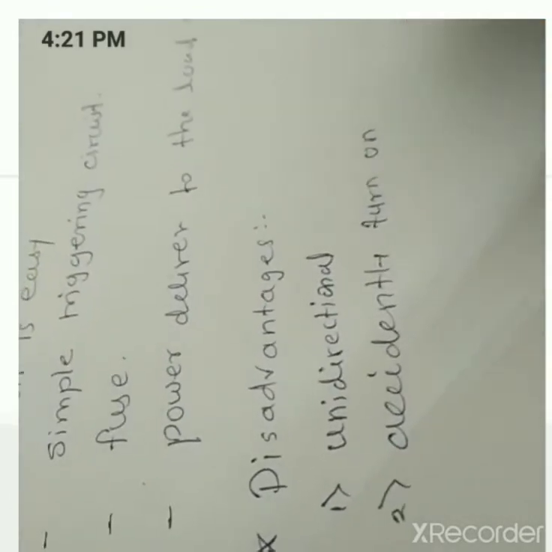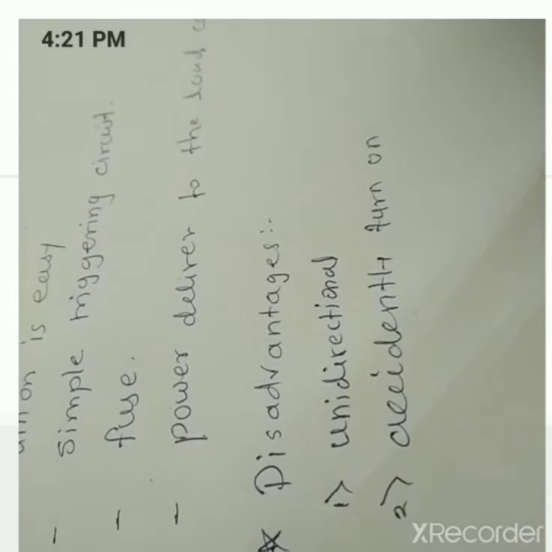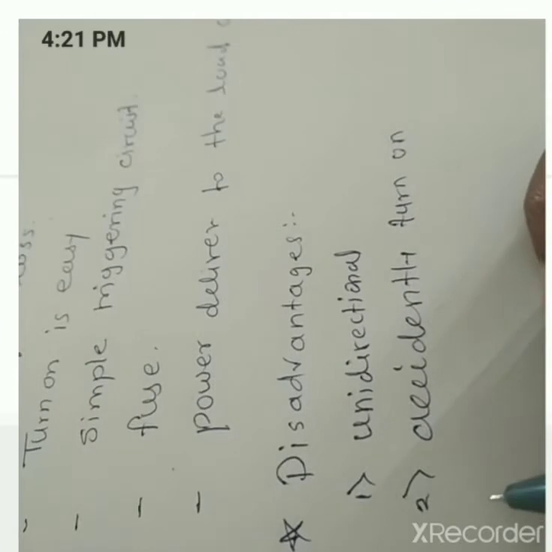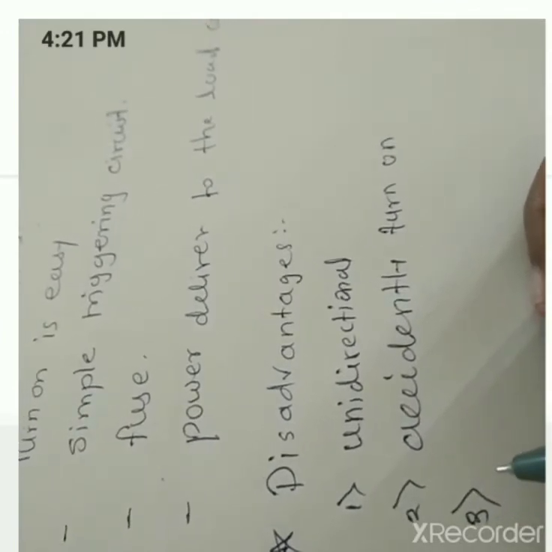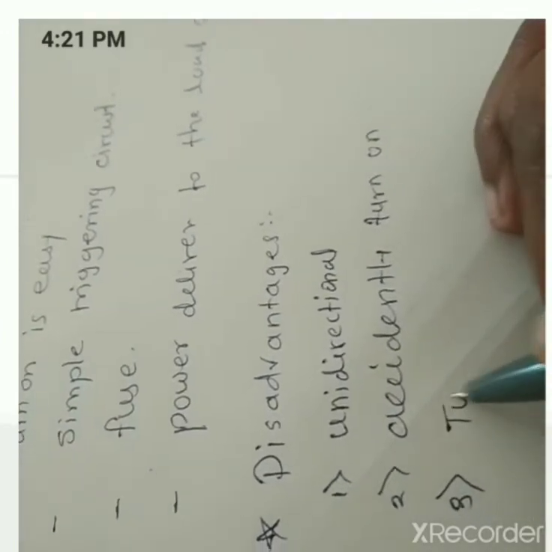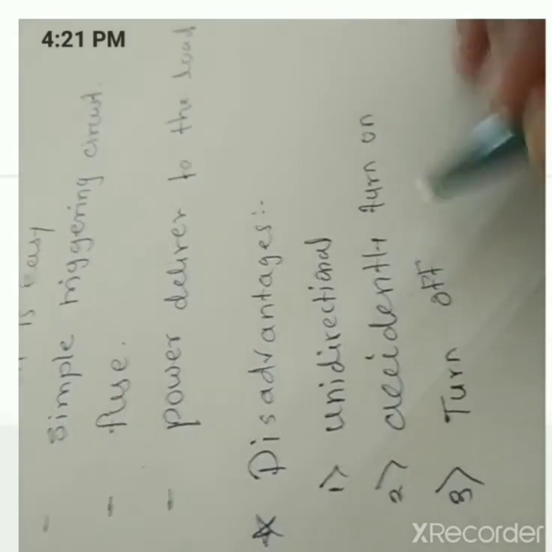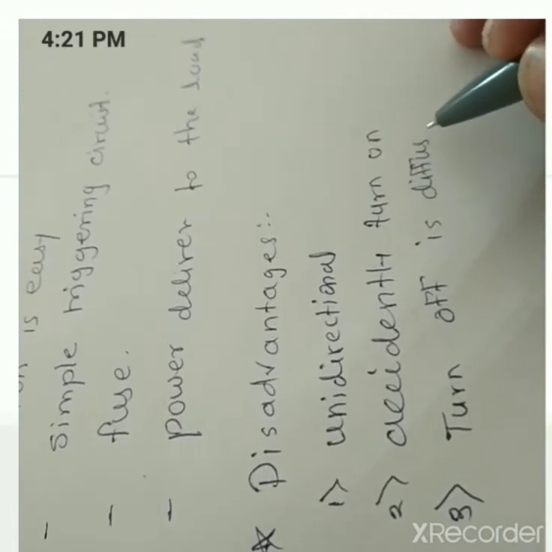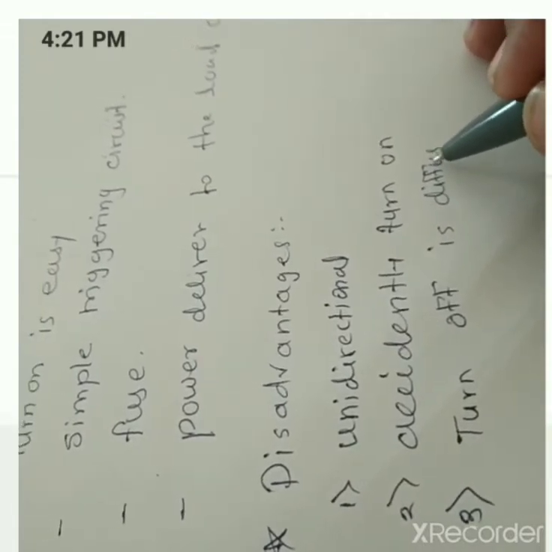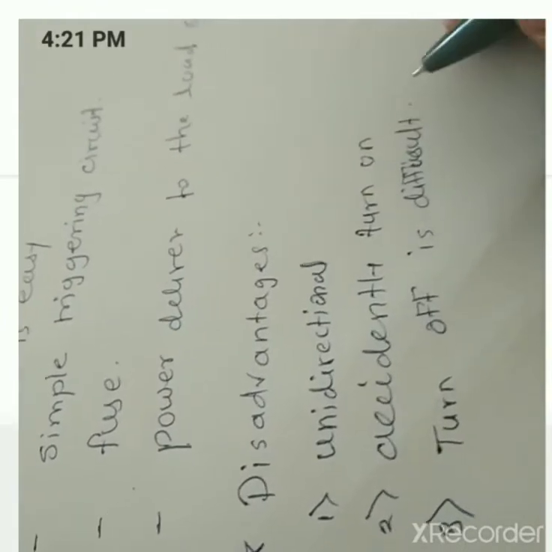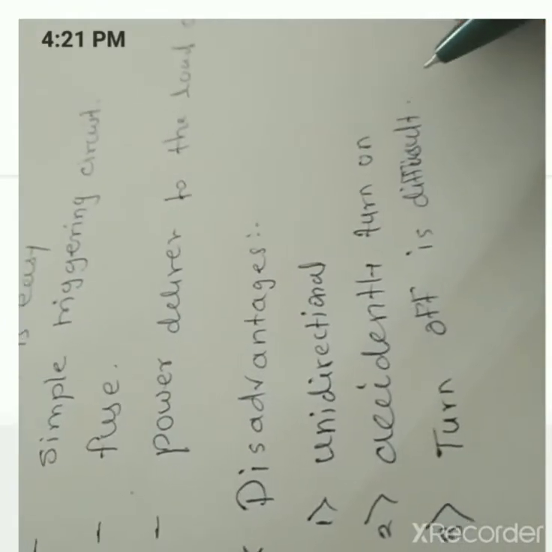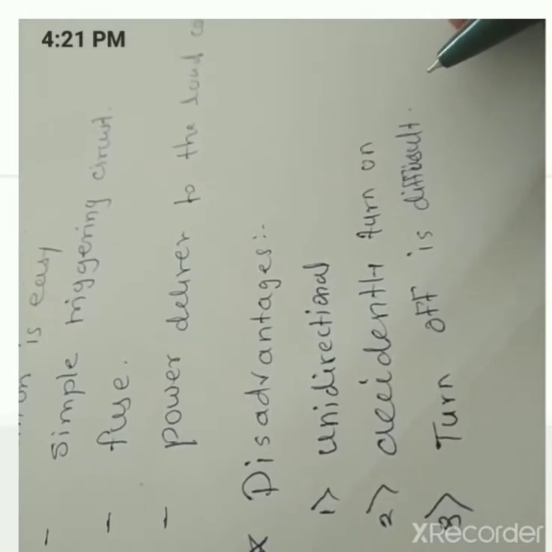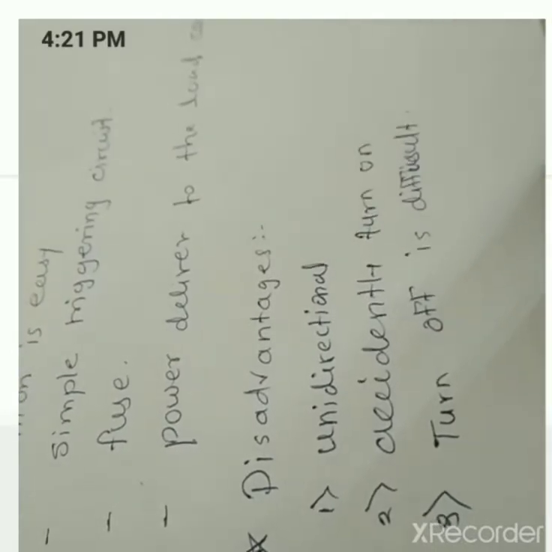When the dv by dt turn on method is used, the SCR gets turned on accidentally. The third disadvantage is that turn off is difficult. SCR turn on is very easy: only by applying a gate signal and voltage between anode and cathode we can turn on the SCR, but SCR turn off is very difficult.